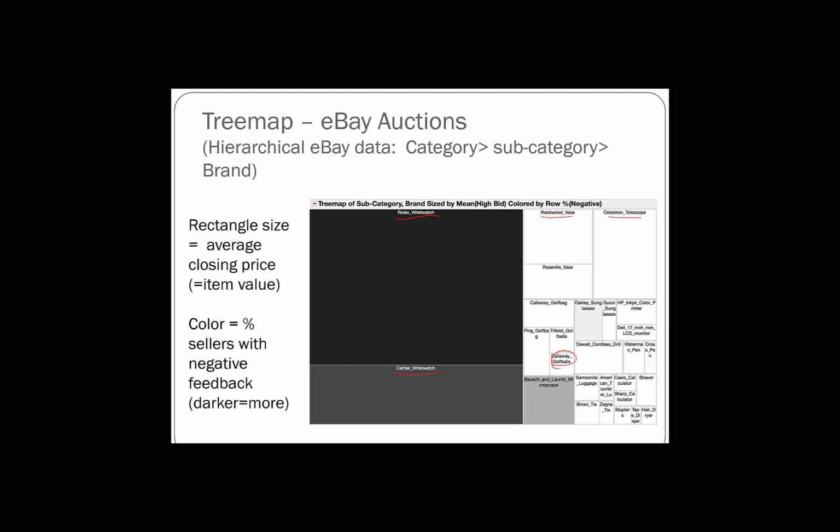And the percentage is depicted by the color. So the darker the color, the higher the percentage of sellers with negative feedback. So Rolex watches are expensive, and the sellers generally get a lot of bad feedback.